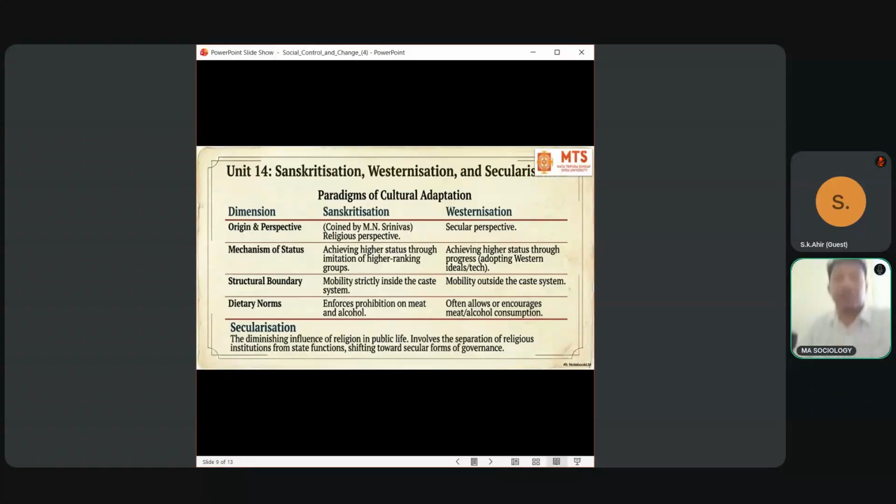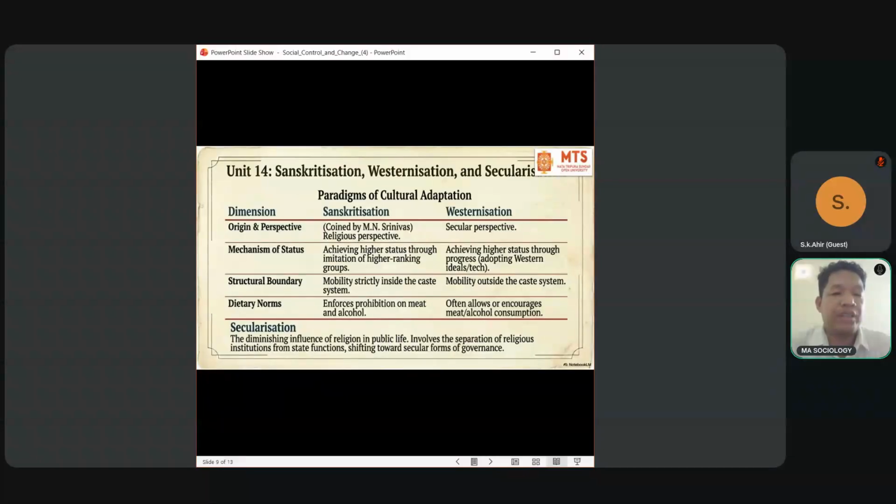But what about westernization? It is a term from the West.